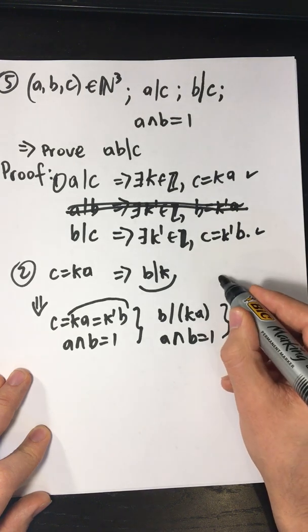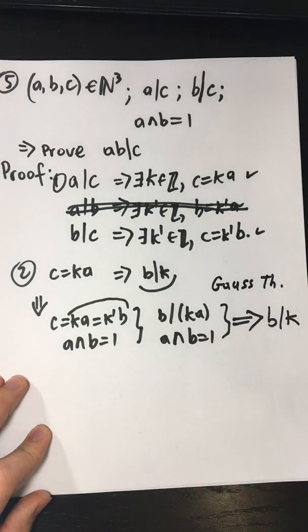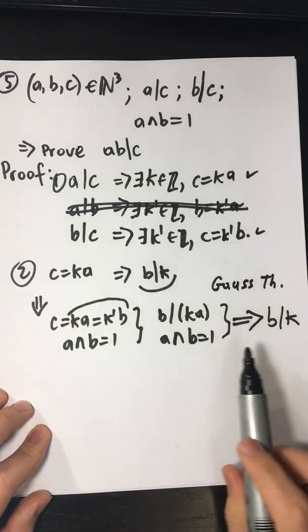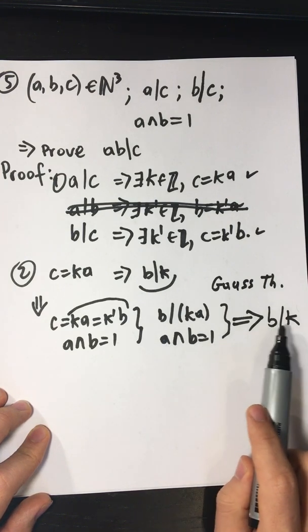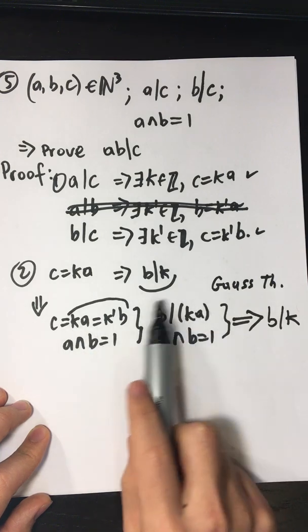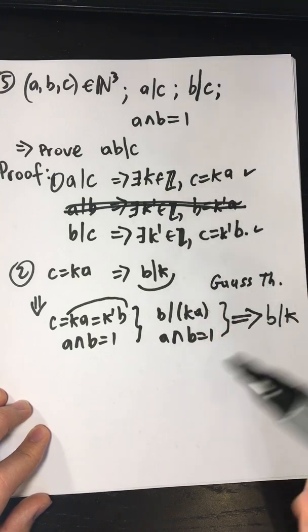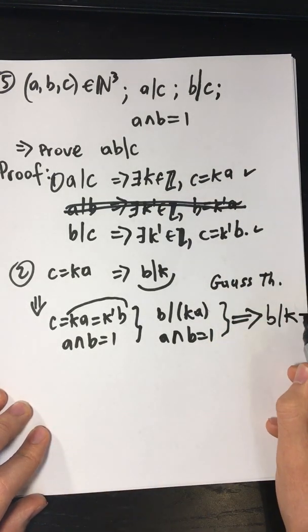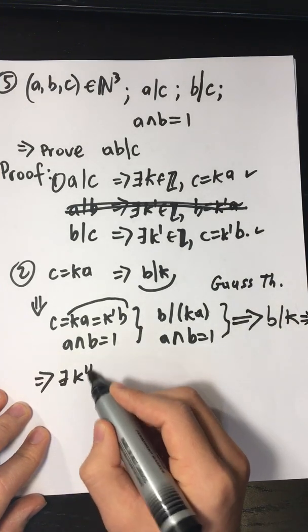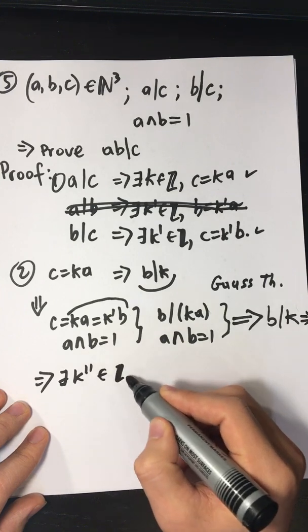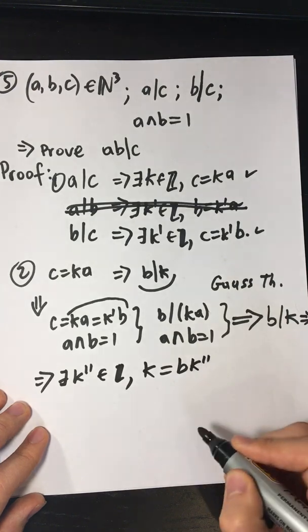Why? Because of Gauss theorem. Let me focus the video. Okay, so in here, because b divides ka and a and b are coprime, b divides k according to Gauss theorem. And how do I get this one? I got this from here, and this is given in the question first. And now what it means is b divides k means that there exists k dash dash, let's say, which is an integer, k is equal to b times k dash dash, right?